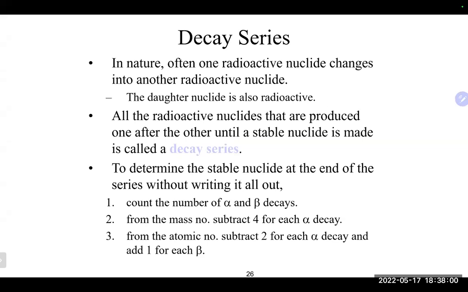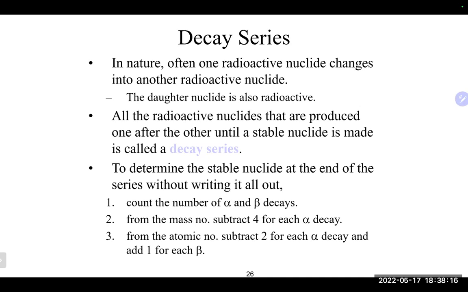There are a couple of ways you could do it, especially if it involves alpha and beta decays. One way is to write the balanced nuclear equations, where your product becomes your reactant in the next step, and you do that all the way through.